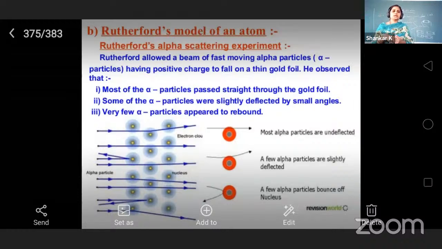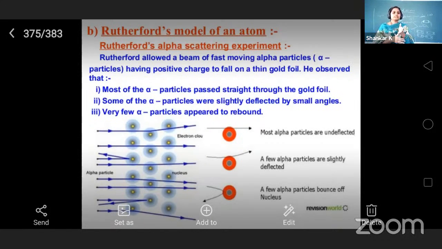So the alpha particles are having positive charge, and they fall on a thin gold foil. Fast moving alpha particles having positive charge fall on a thin gold foil. Most of the alpha particles pass straight through the gold foil, like the beam of light passes straight.